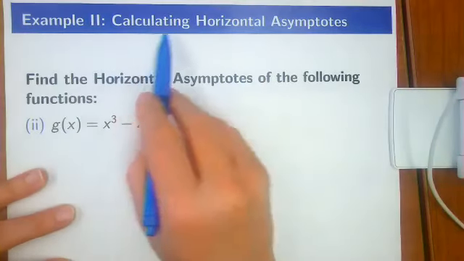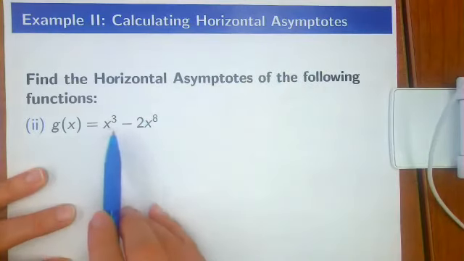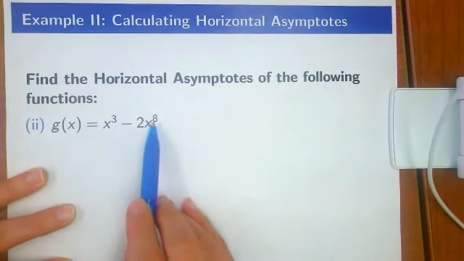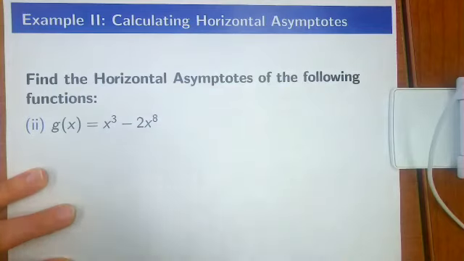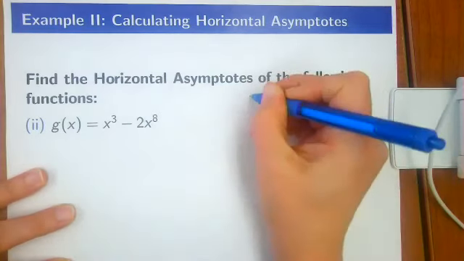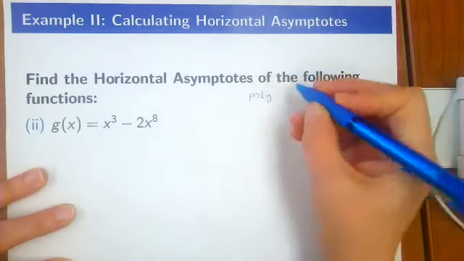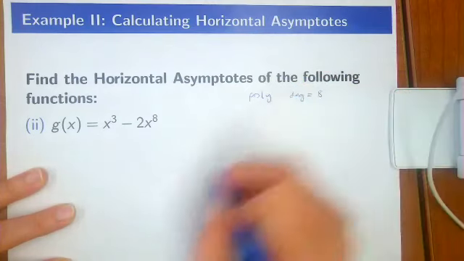Continuing on examples on calculating horizontal asymptotes, here's the function g of x equal to x cubed minus 2x to the power of 8. And so what I know about this function, it's a polynomial. And the degree of this polynomial is 8.